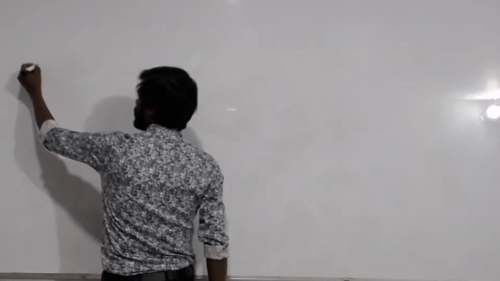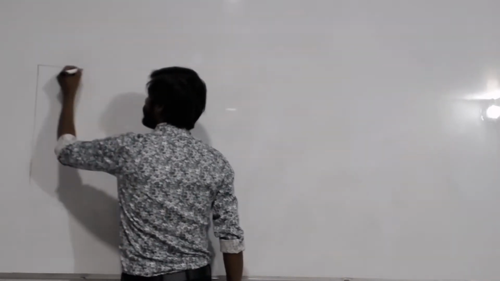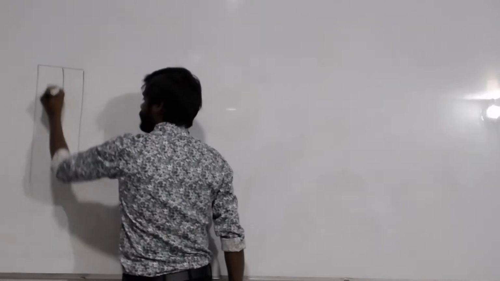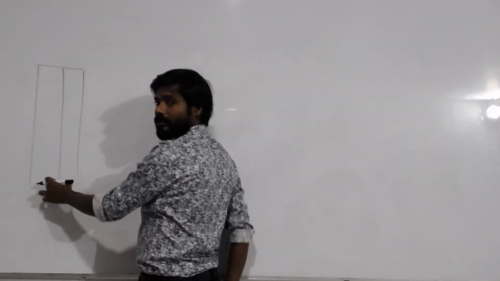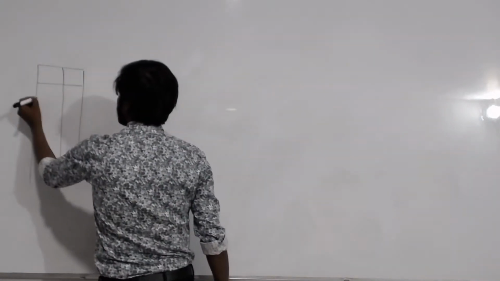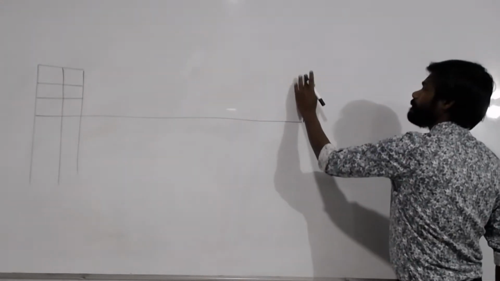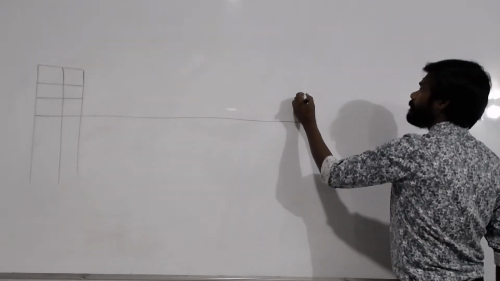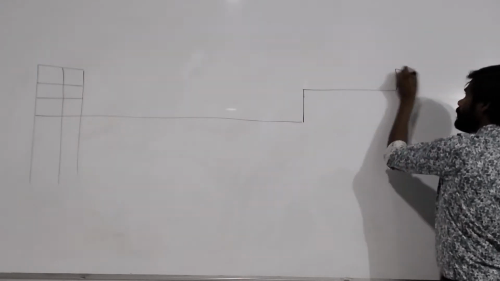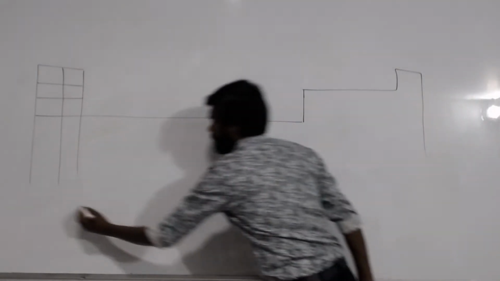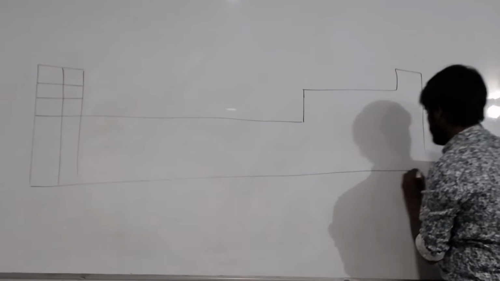The basic structure of periodic table is like this. We are having two columns. These vertical columns are called groups, and these are the horizontal rows.